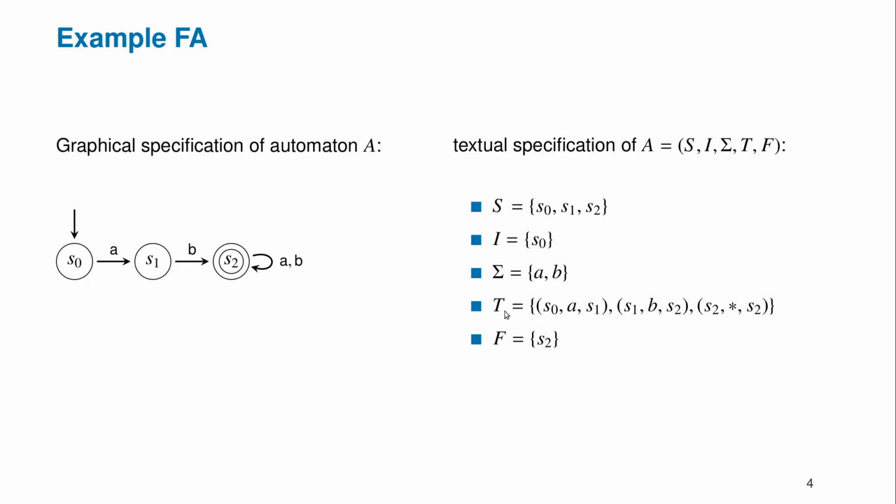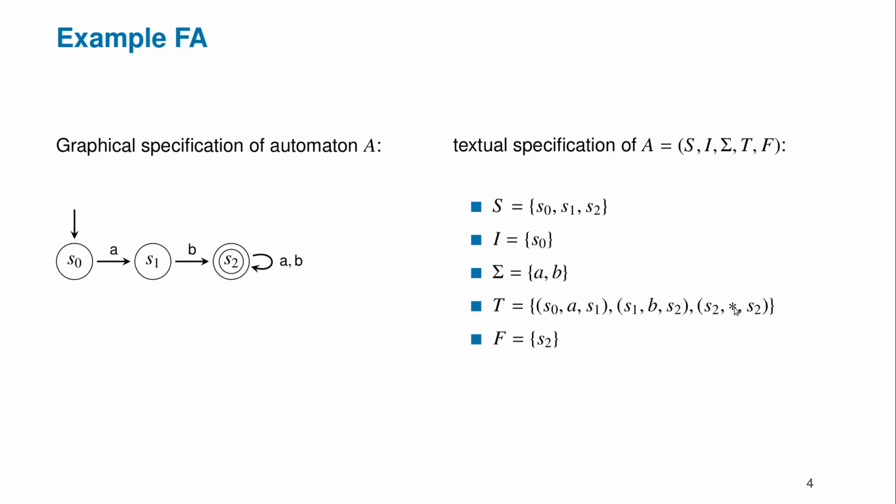And then we have the transitions, the transition relation. In this case, there is no non-determinism, so it's always clear what is the next state if we know the symbol. From S0 with an A we can go to S1, from S1 we can go to S2 with a B, and from S2 with an A or with a B we can go to S2.